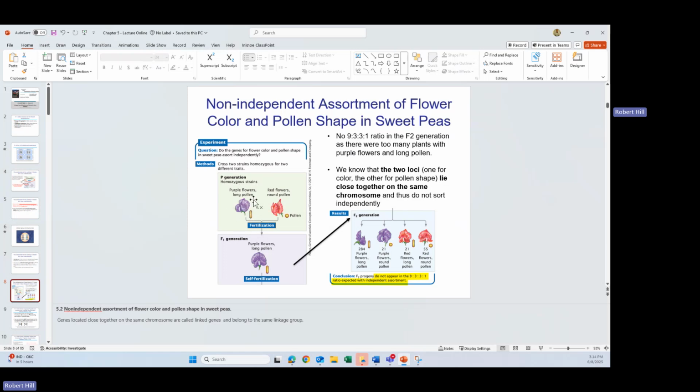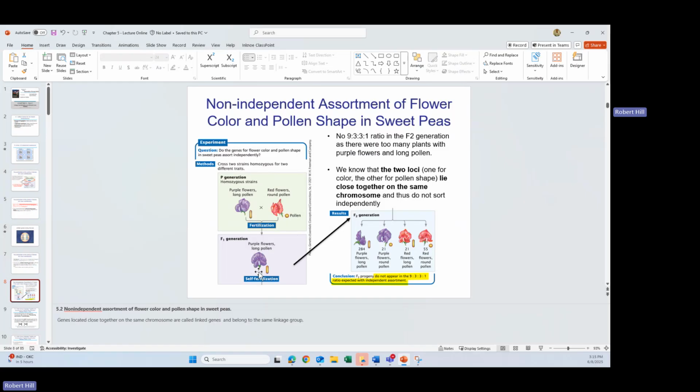Purple and long grain are dominant because you see them in the F1, and red and round are recessive. So you fertilize the P generation and you get 100% purple and long grain. That proves the theory of dominance.